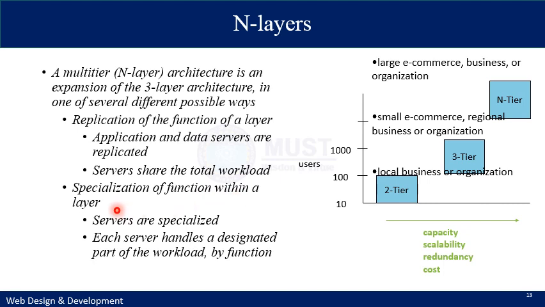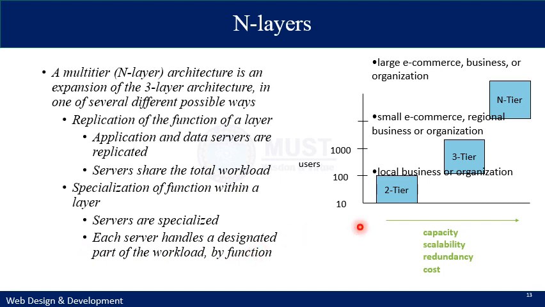That means if you divide the business logic layer, the data layer and the backend layer, you can actually specialize the function that each server deals with. For example, you can specialize one server for a business logic layer, and you can also specify another server that deals with the backend application or a legacy application from another system. So each server handles a designated part of the workload or a function.